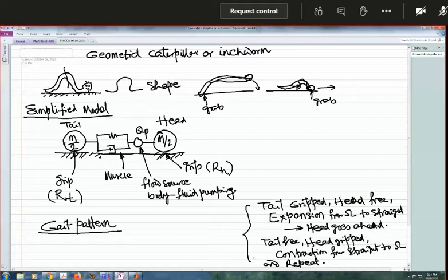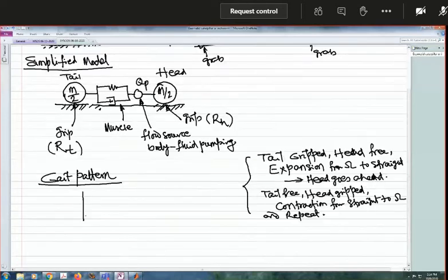So I will create its pattern in pictorial form. This is time. Let's call this QP. This is resistance at tail.